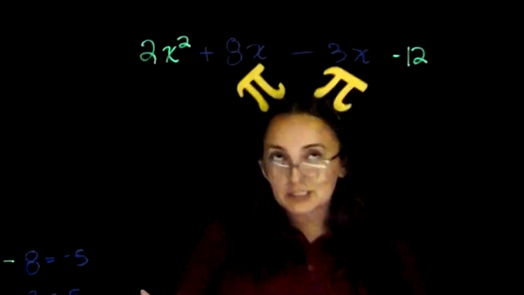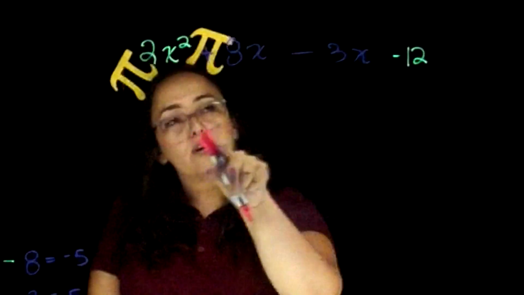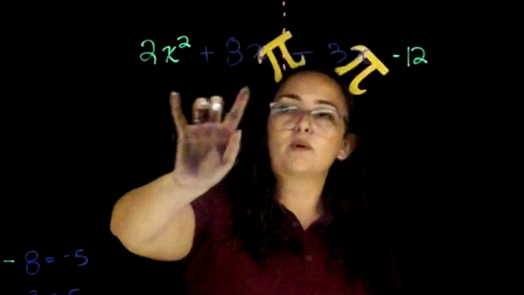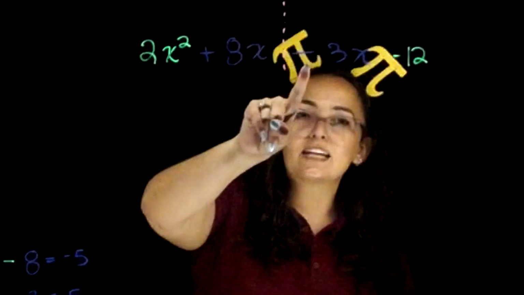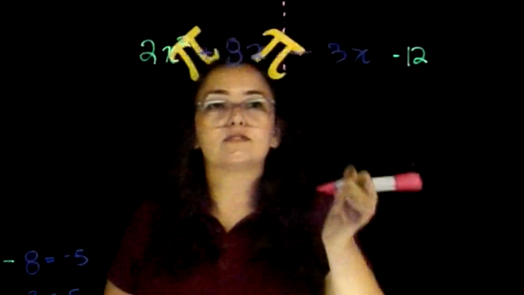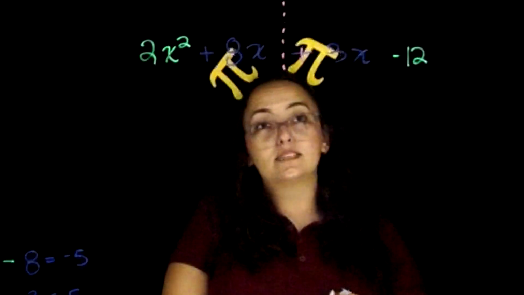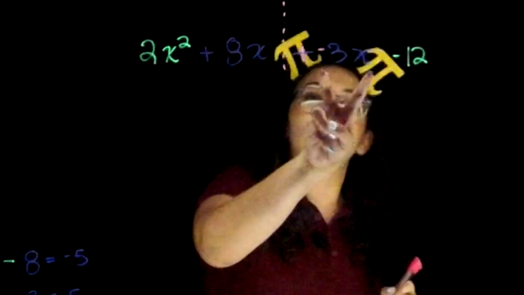Okay, now for the part I mentioned earlier, we have a negative here. What we're going to do when we have 4 terms is factor by grouping. And we do that by separating out the polynomial into two sets of 2 terms. This negative, though, can sometimes throw us off, so I always like to make that middle sign positive, hashtag stay positive, and attach the sign to the term.